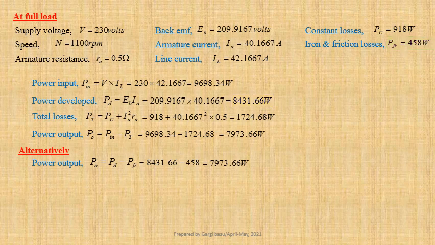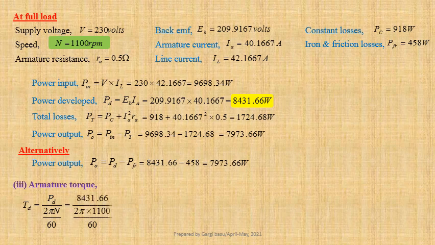Let us now calculate armature torque. TD equals PD divided by 2 pi N by 60. That is equal to 8431.66 divided by 2 pi into 1100 by 60.